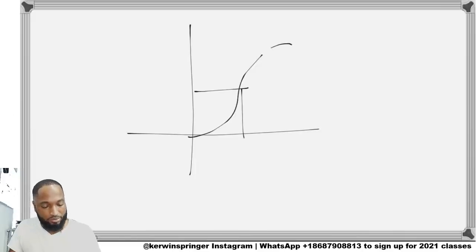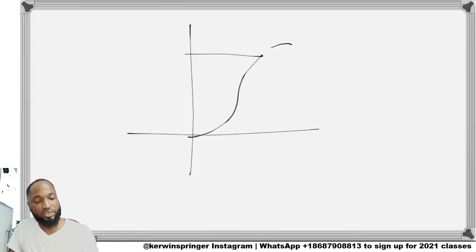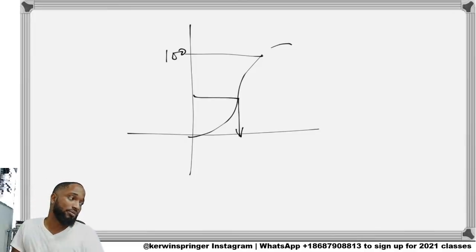If this is the pass mark, right? If they say 38% of the students pass the test, what was the pass mark? You're supposed to find out how much 38% of the students is. Like if it was 100 students and 38% is here, you come down here, that will be the pass mark.